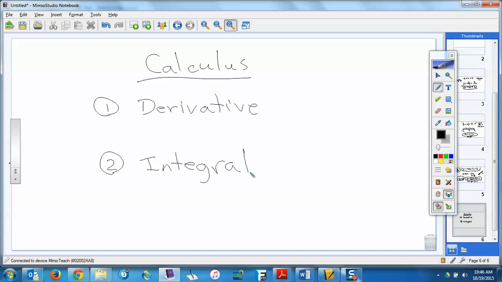And the first one, the derivative, is that instantaneous rate of change that we did in exploration number 1. Okay? And so we're going to spend the first half of the year, into February, talking about the derivative.